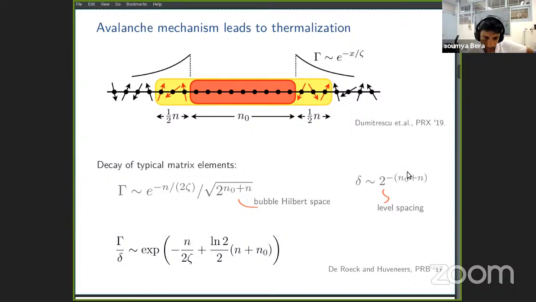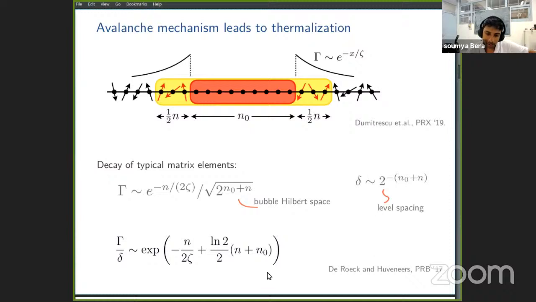Now, if you look at such a quantity, you can clearly see that if I go into a scenario where gamma, the matrix element, is much, much bigger than delta, I will be able to continue this eating up process, because the matrix element is larger and the energy scale associated with the level spacing is smaller. So I will just win in some sense.